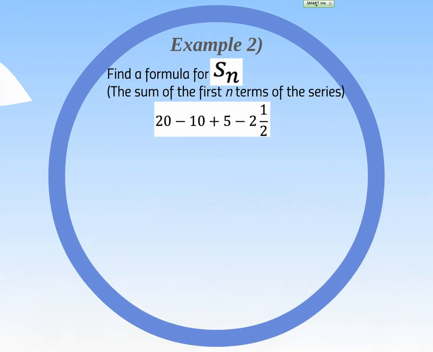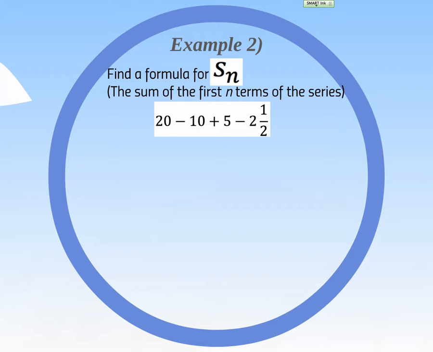So it says, find a formula for f sub n. So it's the sum of the first n terms of the series. So we want to get the formula set up so that I could just choose different n values and plug them in rather than going through the whole thing every time. So in this case, our series is 20, -10, 5, -2.5.